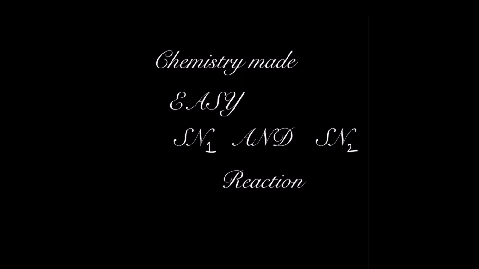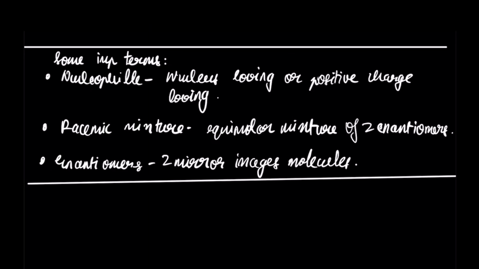So let's begin. Firstly, we'll cover some of the basic terms which are involved, and then we will go to the actual mechanism. Some of the important terms are nucleophile, racemic mixtures, enantiomers. If you already know these terms, you can skip to the next part, but if you don't, let's study together.